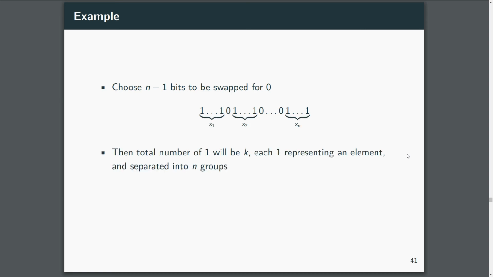And the total number of 1s will be k, because we had n plus k minus 1 one bits, and we changed n minus 1 of them to zeros. So we're left with k.